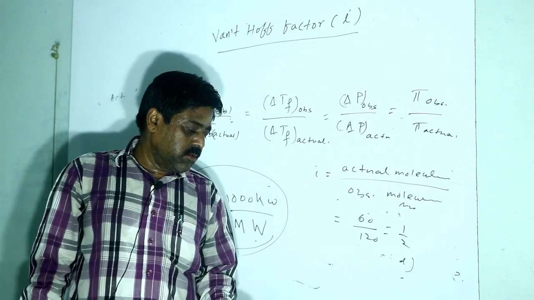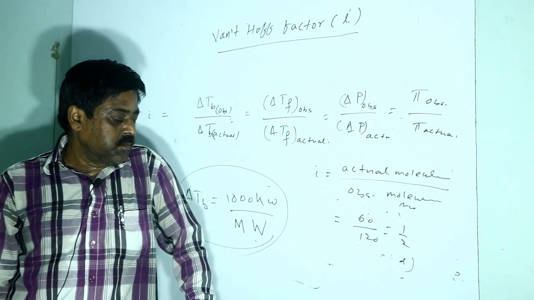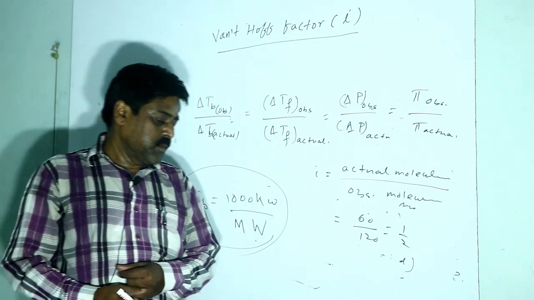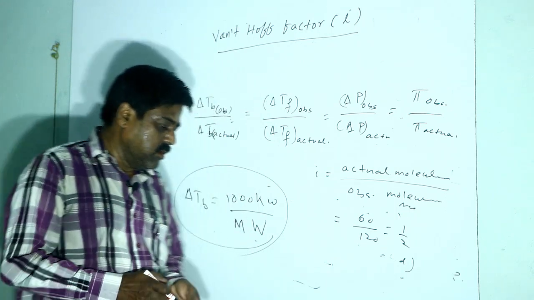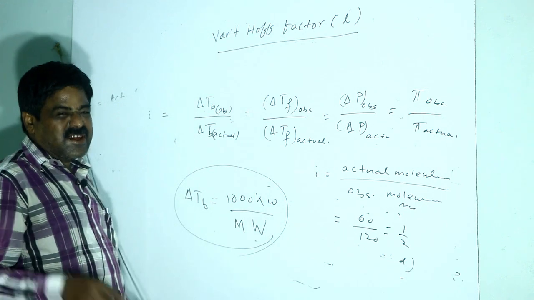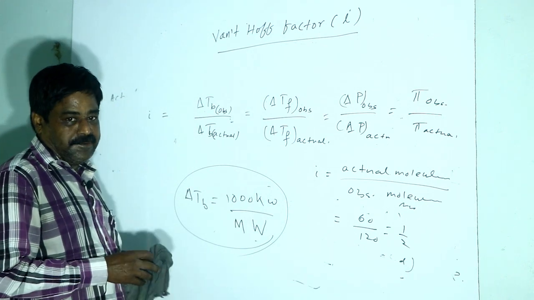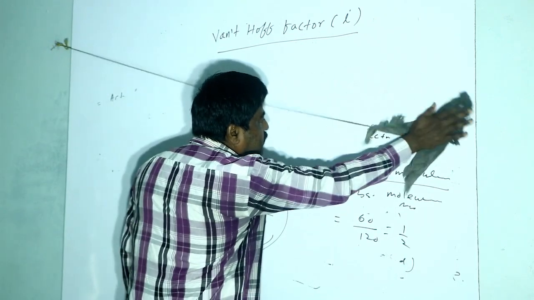So these are about the calculation, and if we calculate the i value during association and dissociation, we can correlate it like this. Let us calculate the value of i during association of a solute.